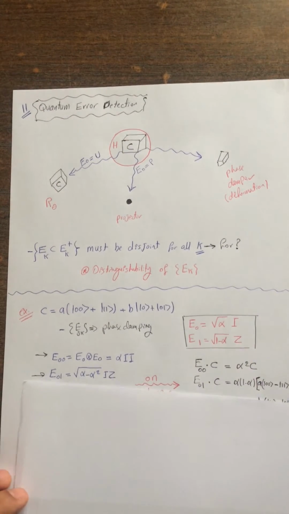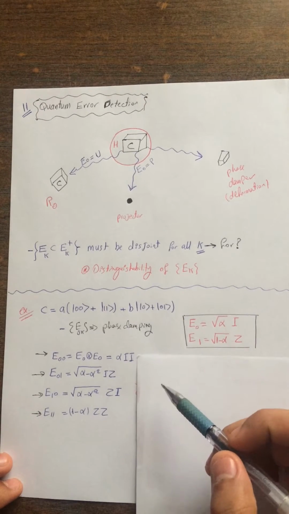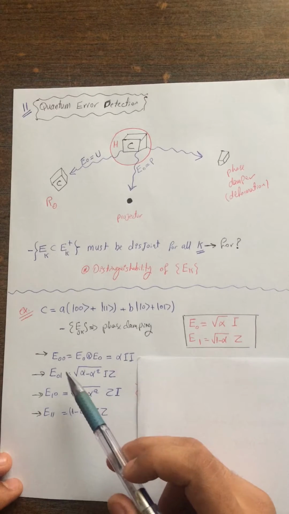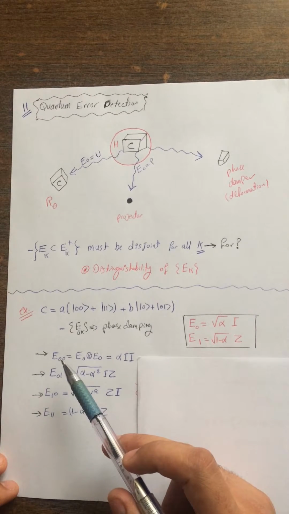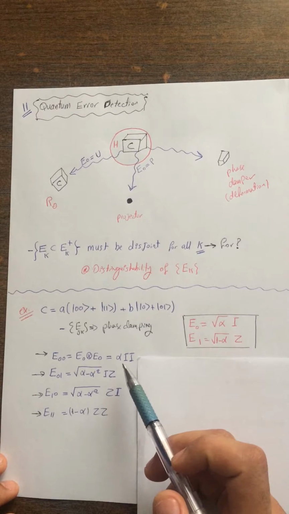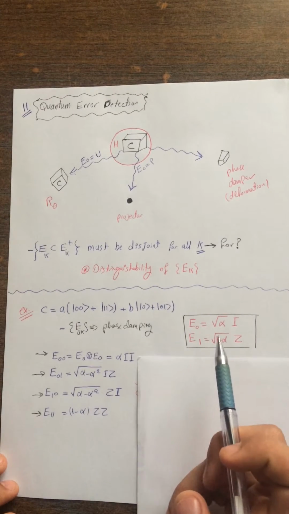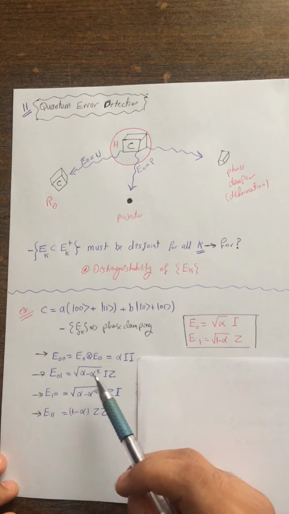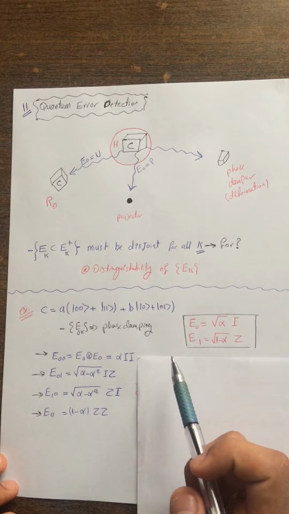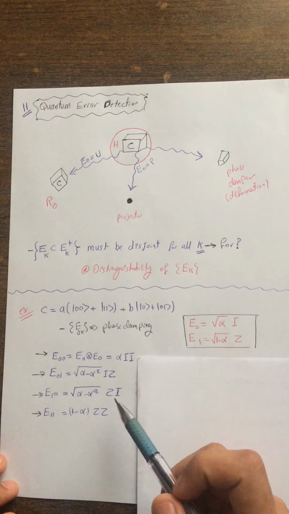So here, if I look at the error elements, E00 as phase damping is nothing else than alpha II, right? What about E01? You just take here the square root of alpha times 1 minus alpha and IZ. And the same for E10 and E11, they are like the following.